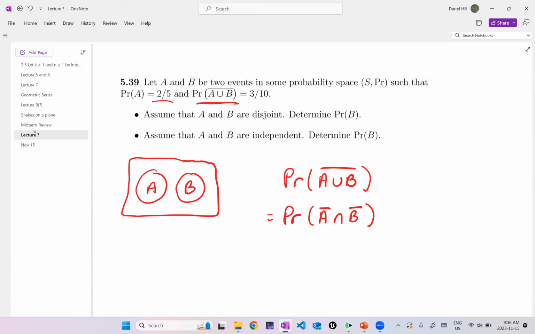So A naught is everything outside of A. So let me draw a couple diagrams that I can mess up. So what is A naught?